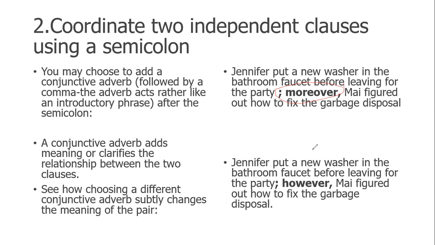You may choose to add a conjunctive adverb. There is a list of conjunctive adverbs. I will show that at the end of the discussion. So right now, understand the most prominent, frequent choice. In the choices, you find this. Another one: semicolon, however, and comma.